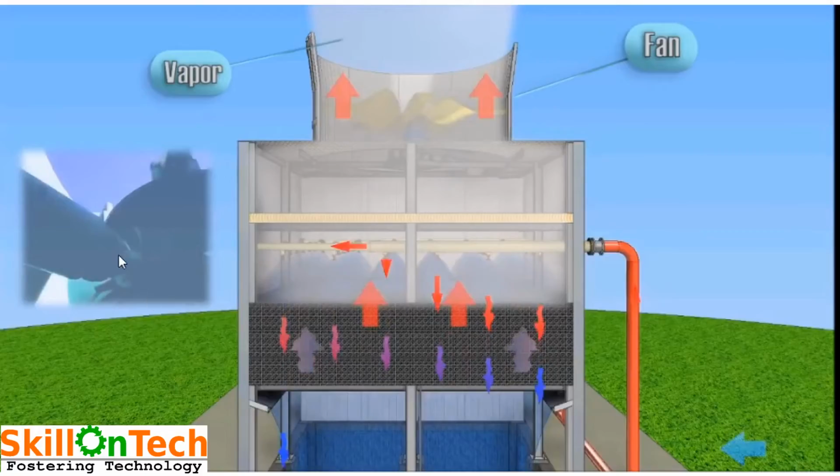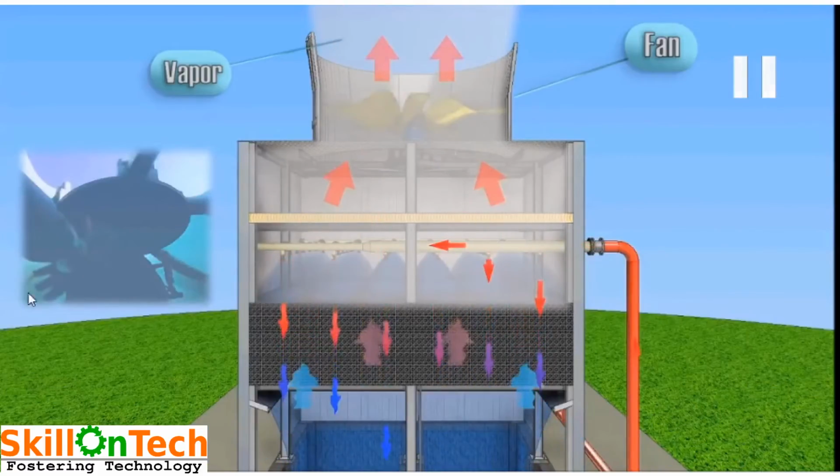In this picture you can see this is a gearbox and this is a driving shaft, and this shaft is connecting the gearbox to the driving motor. The motors are generally 3-phase induction motors, or they can be variable frequency drives to serve the purpose of electricity saving as per the load of the cooling tower.